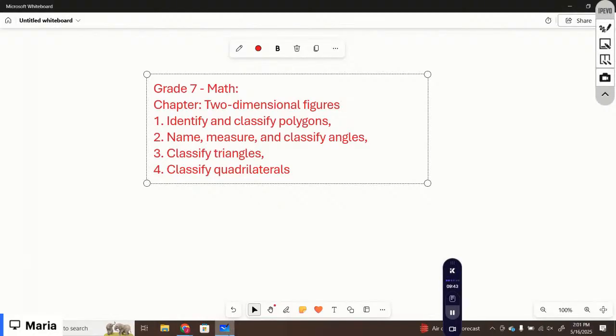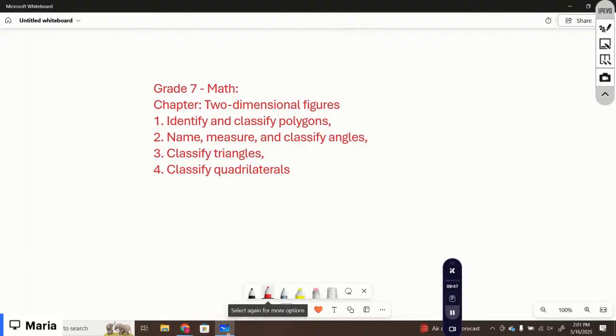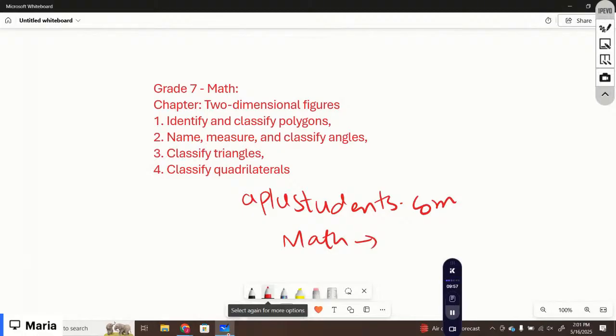Then you have to select math from the subject tab. Scroll down to grade 7 math and then click on all lessons. There you can find a list of the chapters.